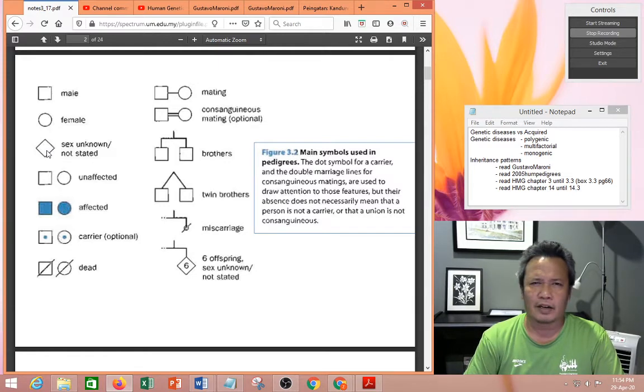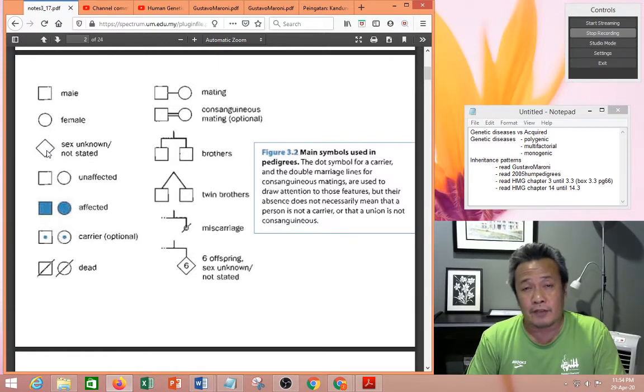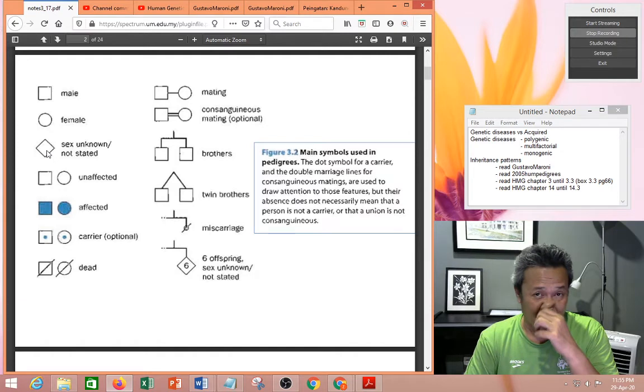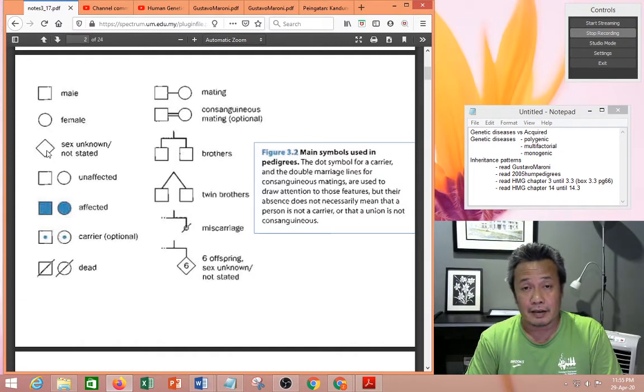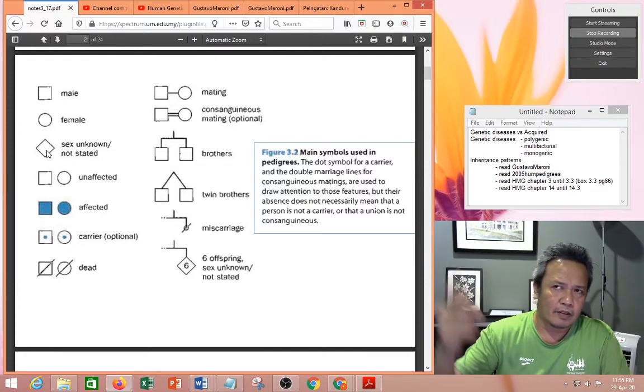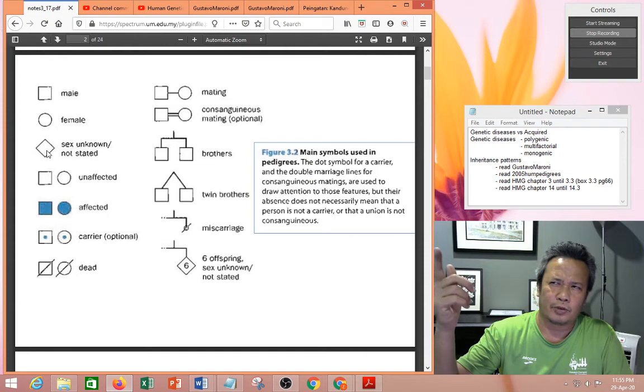You may wonder when you get cases where the gender is unknown. If I go and investigate a disorder, I will talk to the parent, the proband's father or mother, and start to build a pedigree. You ask things like, what about the uncles, the aunties, do you know? And then some of them say, oh, this person has got 5 children, but I'm not sure whether the last one is a boy or girl.